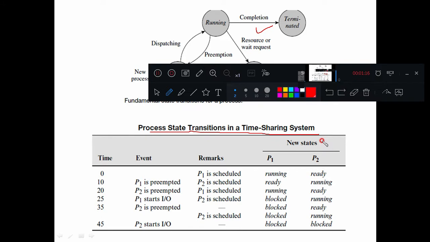So that we will see with the help of a table. Let us say at time t0, at the 0th second or first second, the remark is that P1 is scheduled. I'll represent it in the form of a queue. The first process comes, P1 is scheduled here.